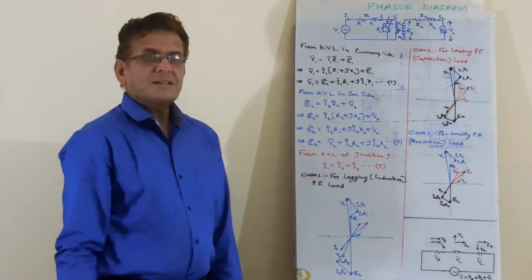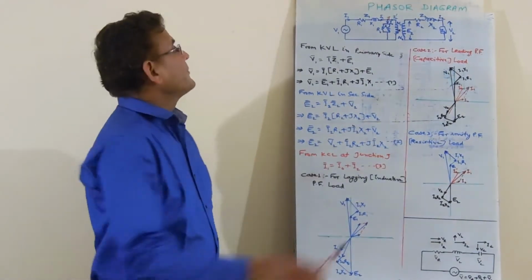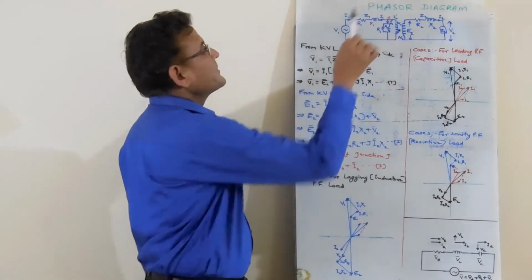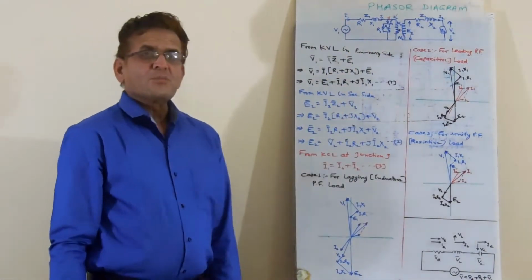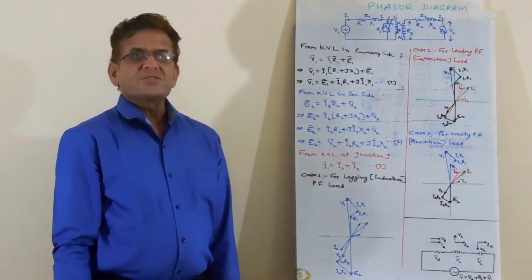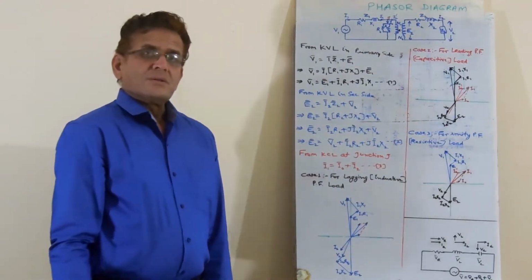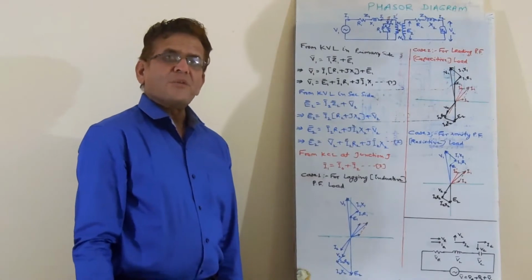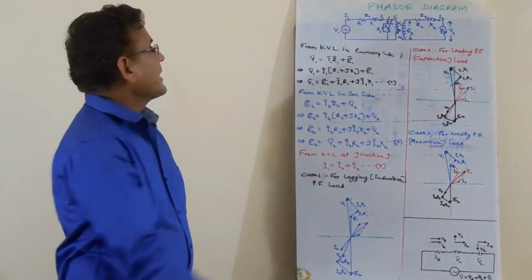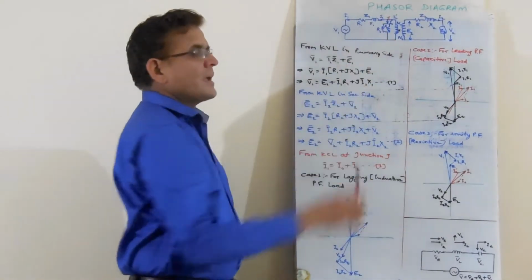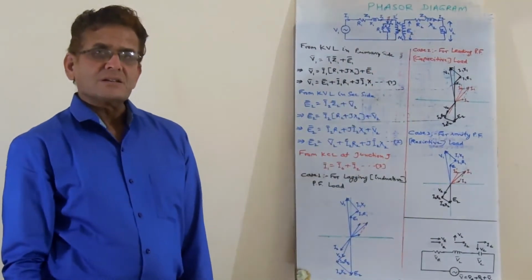Now applying Kirchhoff's current law at this junction J. From Kirchhoff's current law at any junction, phasor sum of incoming currents is equal to phasor sum of outgoing currents, and at this junction J, I1 is the only incoming current.